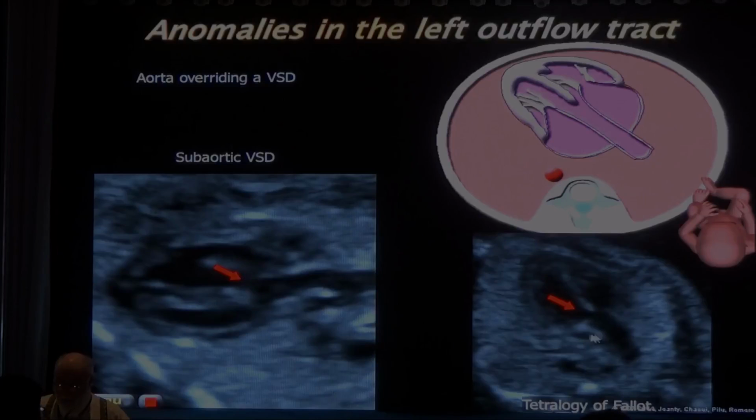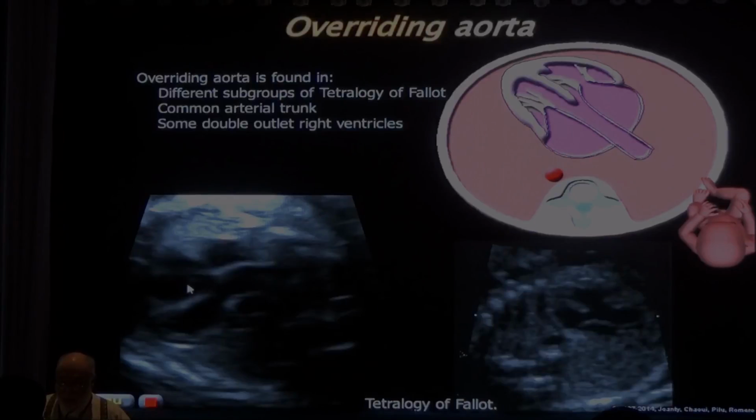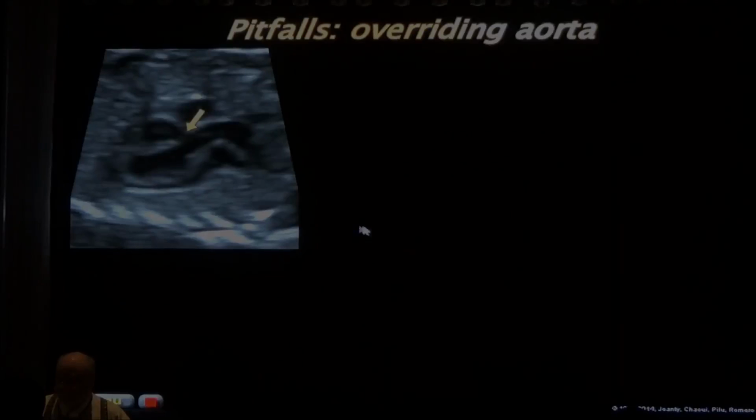This is very typical of tetralogy of Fallot. Okay, so easy to recognize. The break in the leg of the ballerina. Another example, overriding of the aorta. Think about common arterial trunk, and some double outlet right ventricle could also do that.